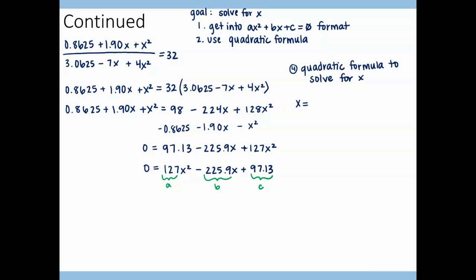This is a way to solve for x once you have the ax squared plus bx plus c. x is the opposite sign of your b value, plus or minus the square root of b squared minus 4 times a times c, divided by 2a.